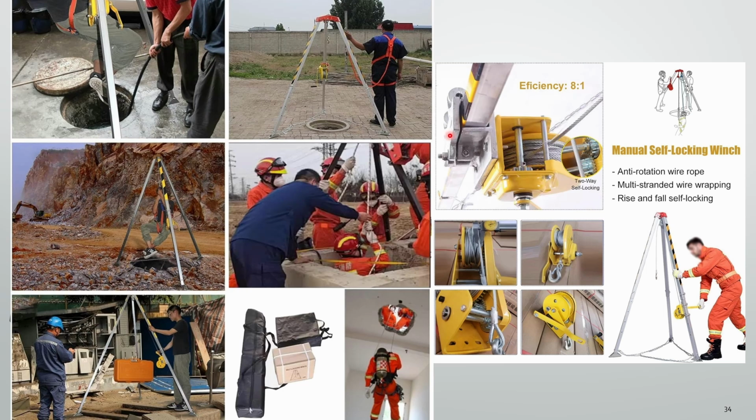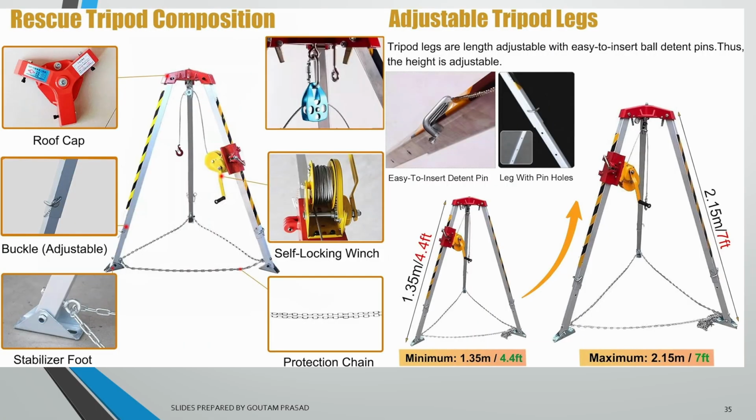So this is rigging tackle that is used at multiple places. This is the rook cap and buckle. This is the buckle and a self-locking winch is there. Self-locking in the sense it will stop lowering in case the load is trying to lower itself.